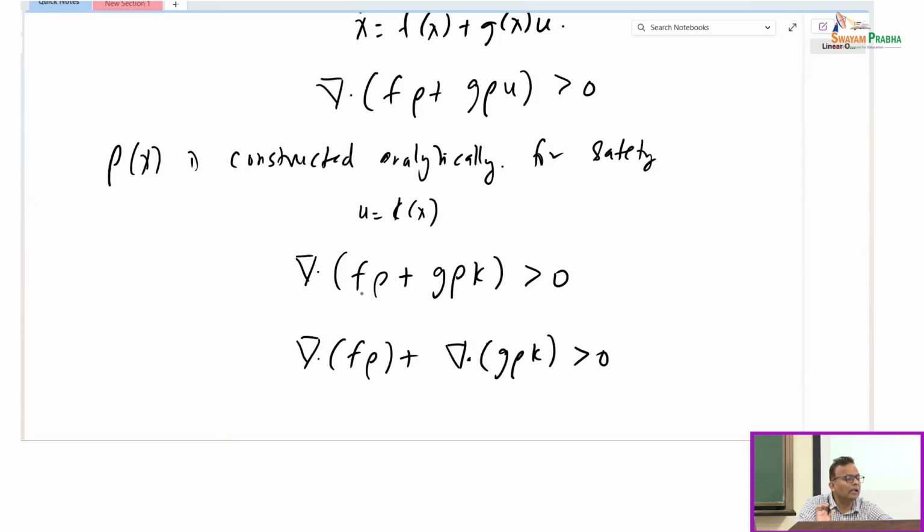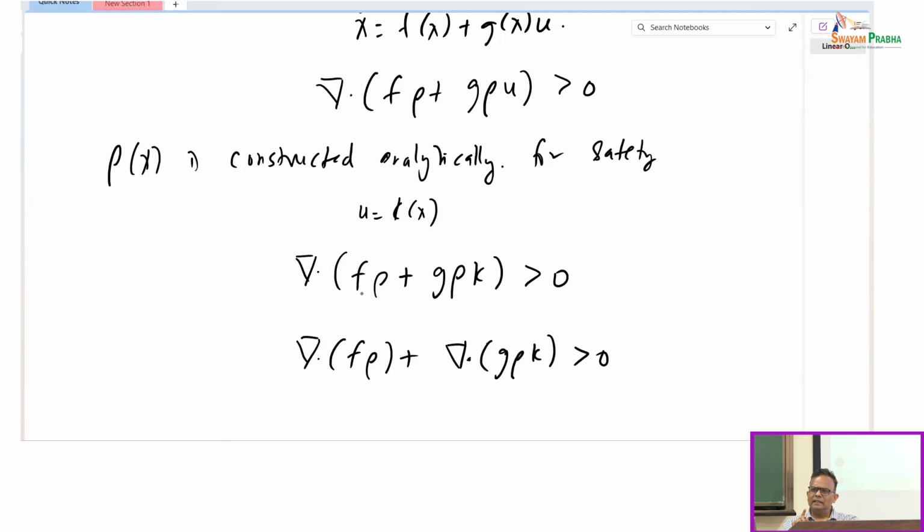So safety and convergence, both are information. I have to ensure safety as well as convergence. That is, I'm ensuring that I'm getting to the target set while avoiding the unsafe set. Both these requirements are encoded in a rho. So if I can satisfy the inequality, then I'm done.